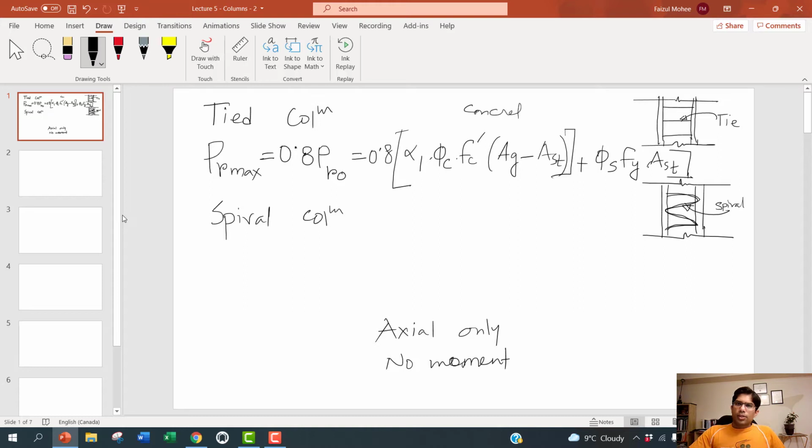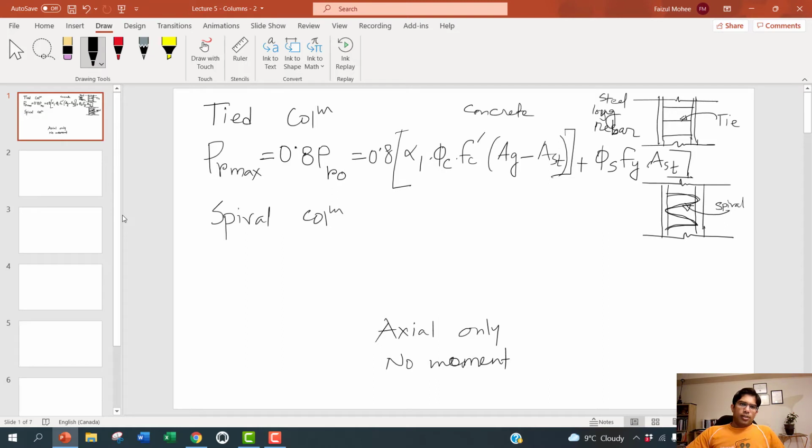The first part is the concrete part, and the second part is the longitudinal rebar.